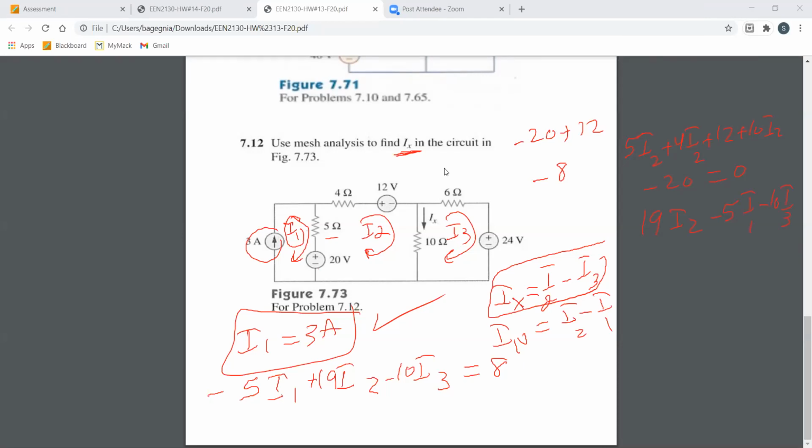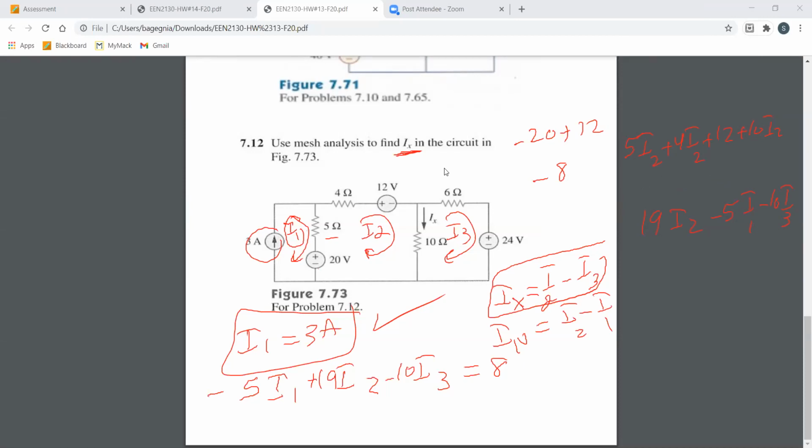Let me finish the first equation here, and then we go to the second one, because I didn't finish that yet. I'm going to put the minus a little bit to the left here.